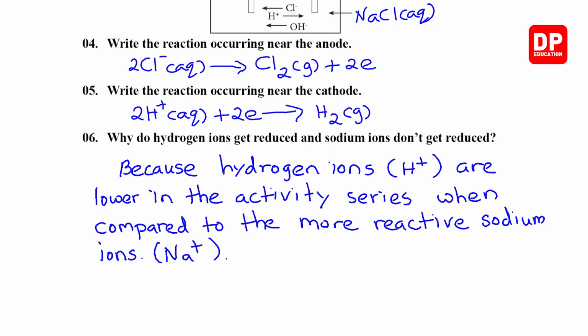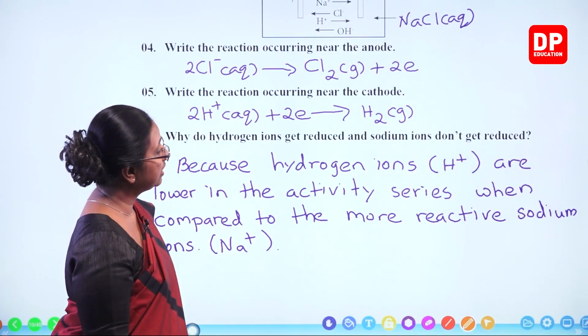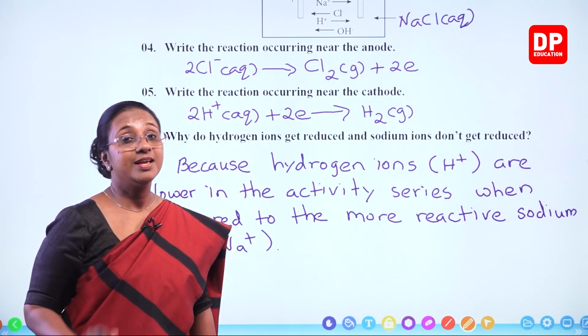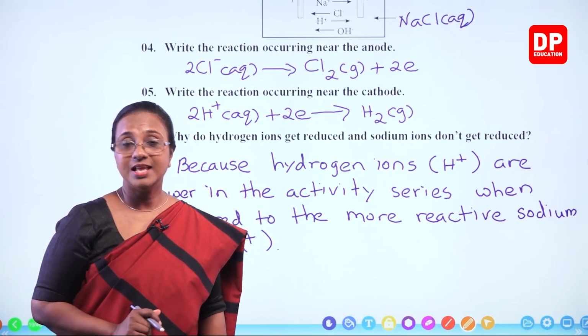So because hydrogen ions, that is H+, are lower in the activity series when compared to the more reactive sodium ions, that is why hydrogen gets reduced and sodium does not get reduced. Is that okay, student? So then I'll move on to the next slide.